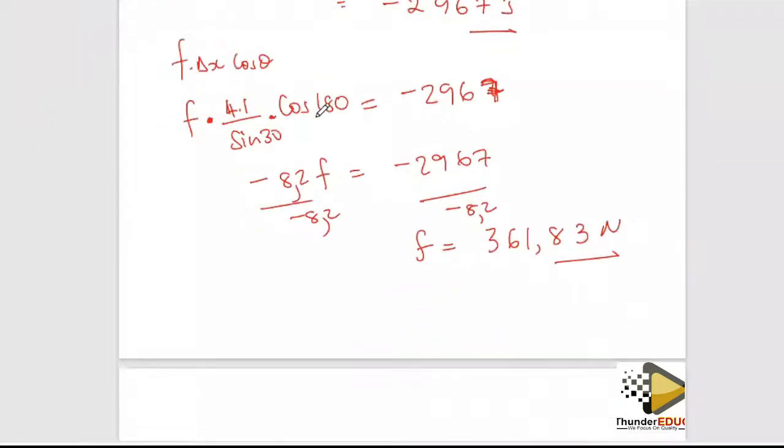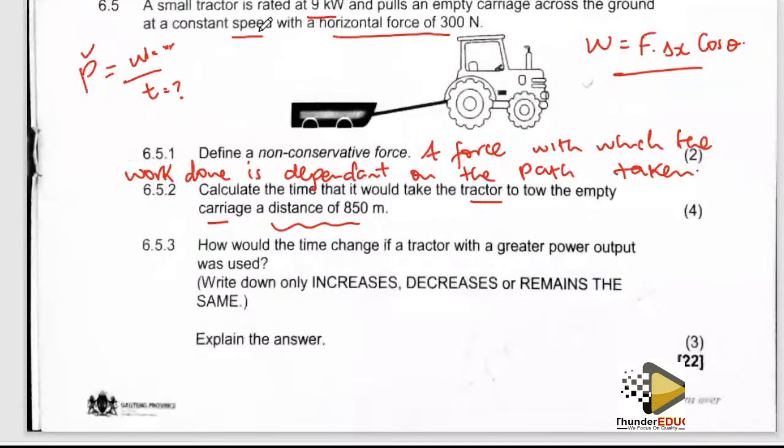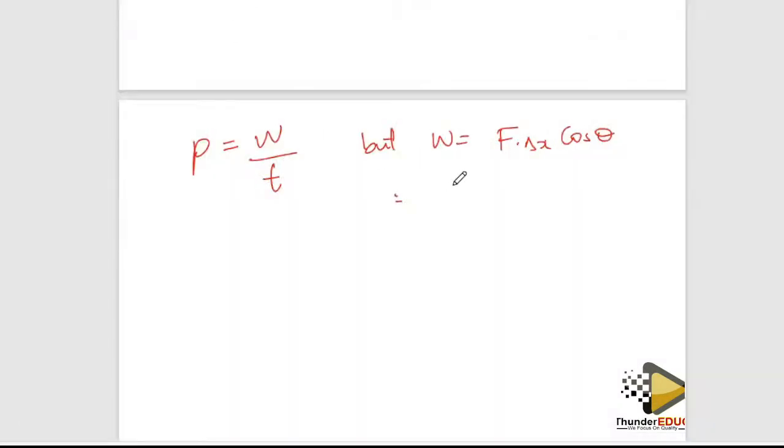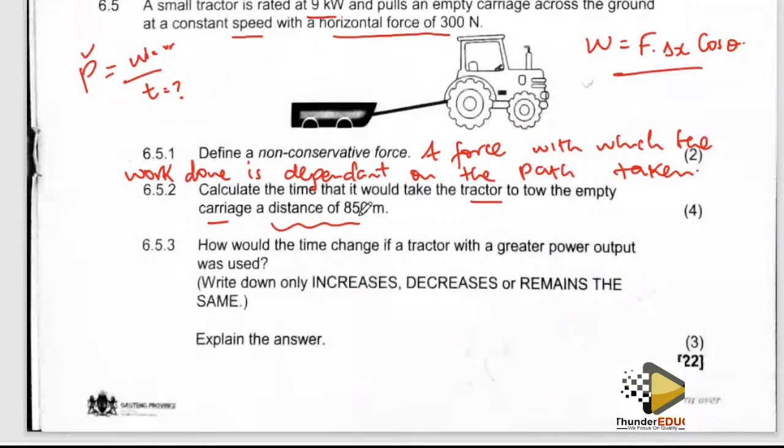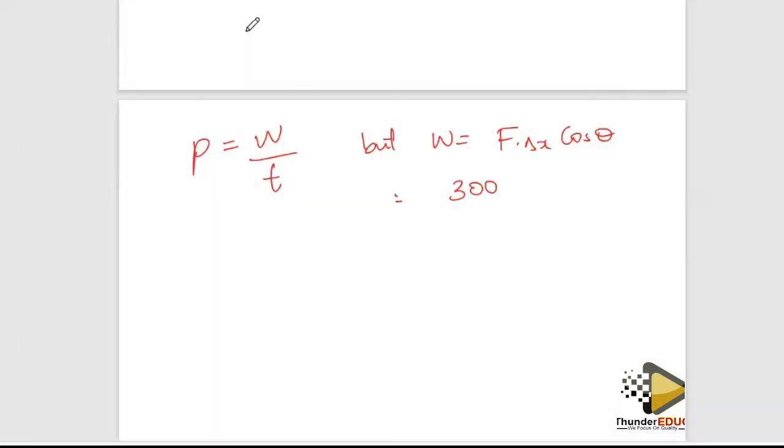We can find this work done. So I'll start by saying power is equal to work done over time. But work done is force, displacement, and the cos theta. So what's our force? They told us there's a horizontal force of 300. They told us the displacement is 850, so times 850.